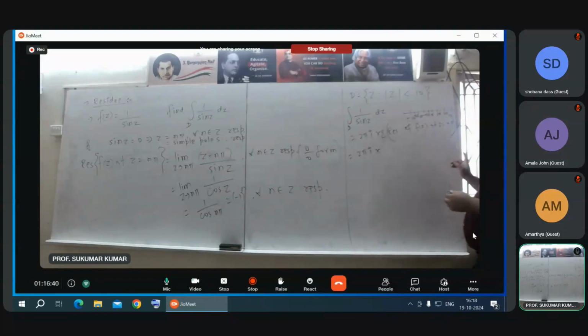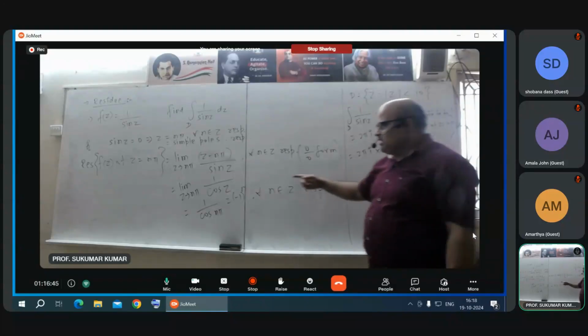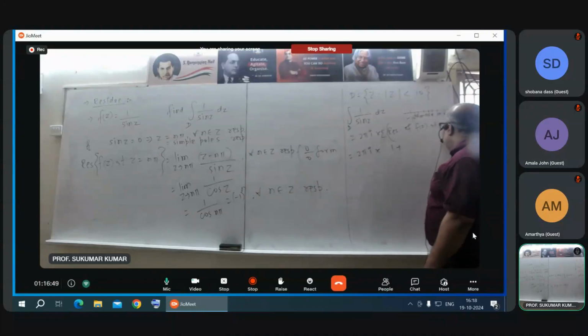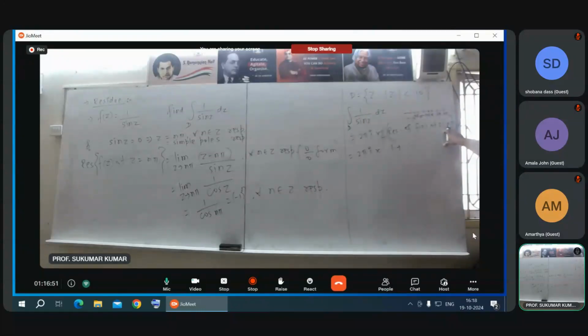Okay, so first tell, at z is equal to 0, minus 1 power 0 means 1 only. Next at pi, n equal to 1, means minus 1. Next at 2 pi, positive 1. Like that only will happen: 1, minus 1. So correctly have to write.